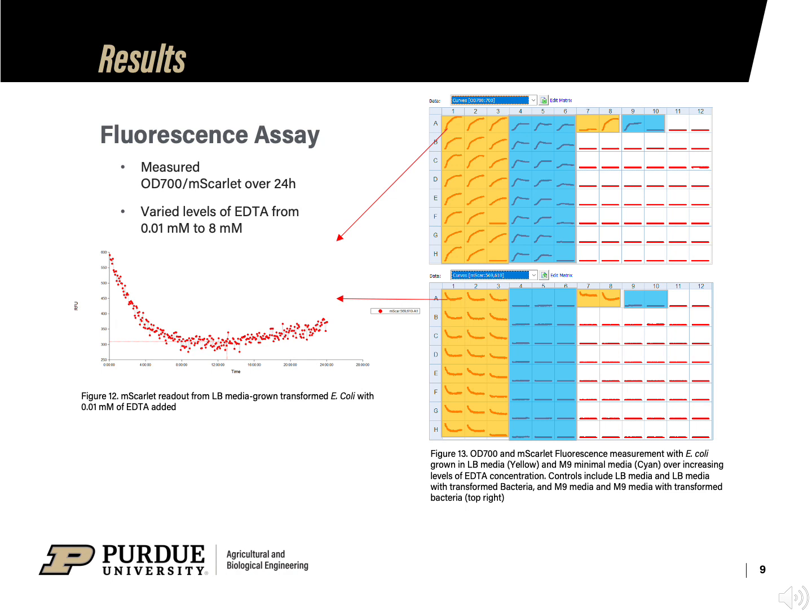And the controls are shown in the upper right of each of those images, with the yellow still being LB and the M9 in cyan. All of the white backgrounded spots were wells that were left blank.